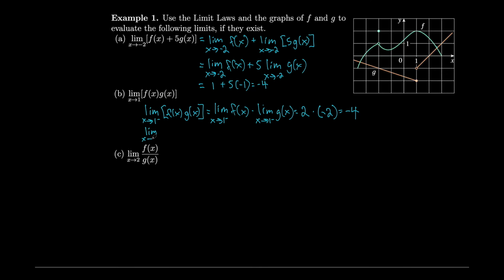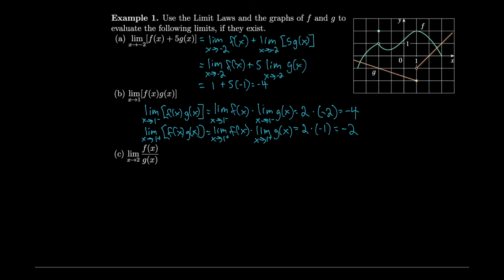The limit as x approaches 1 from the right of this product can also be split. Again, f is the same limit from the left and the right, but g was minus 1 this time.